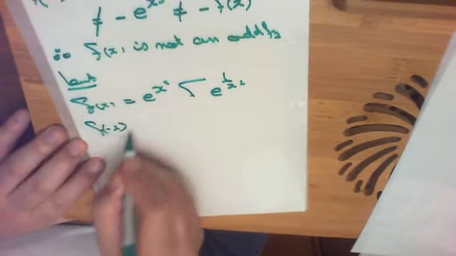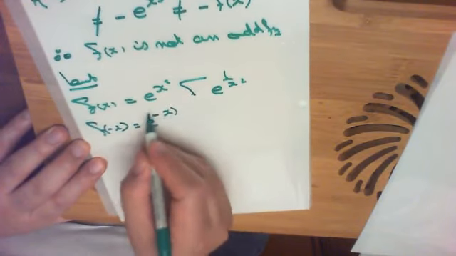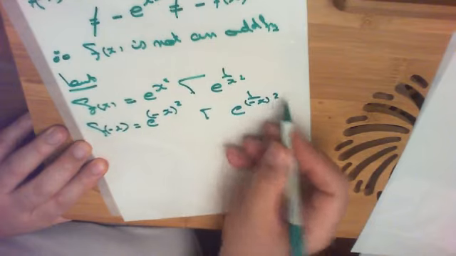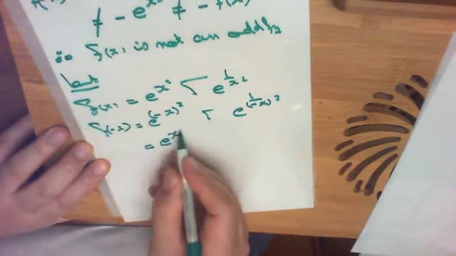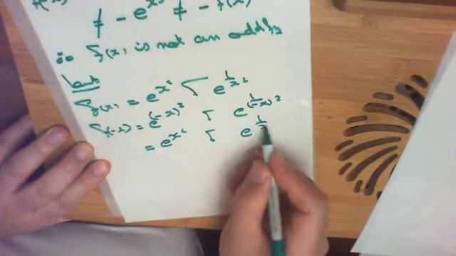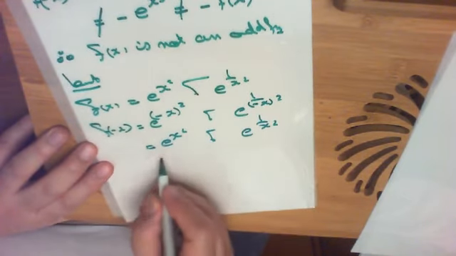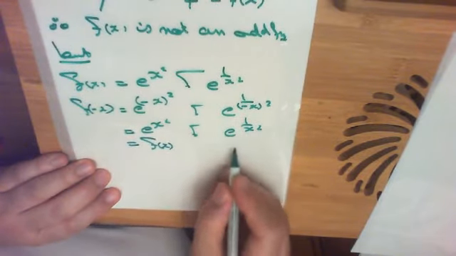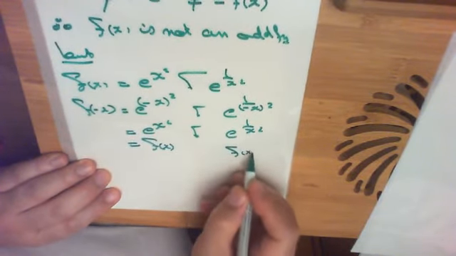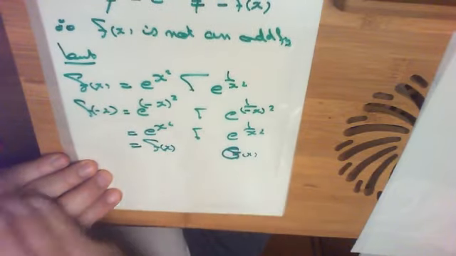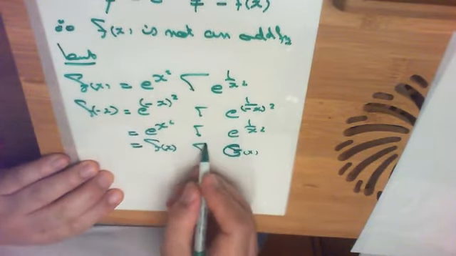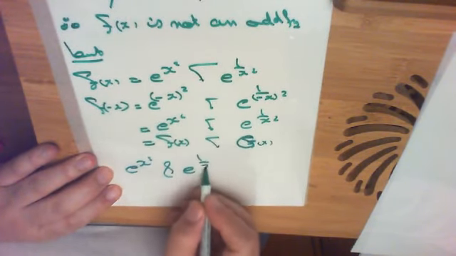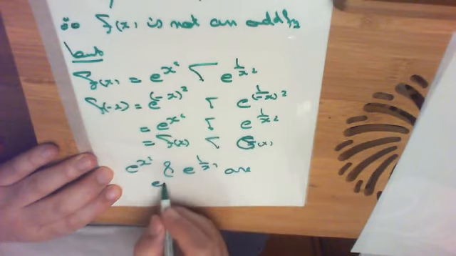Because f of minus x equals e to minus x all squared, or e to 1 over minus x all squared, which is e to x squared, which is e to 1 over x squared, the original function f of x. So the sign doesn't matter. F of x, the original function, or g of x, for example, another one. So e to x squared and e to 1 over x squared are even functions.